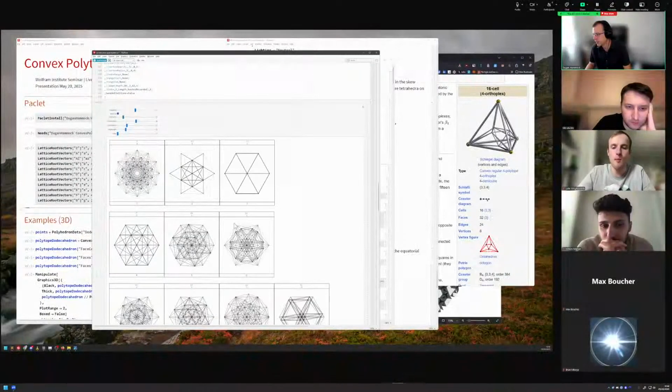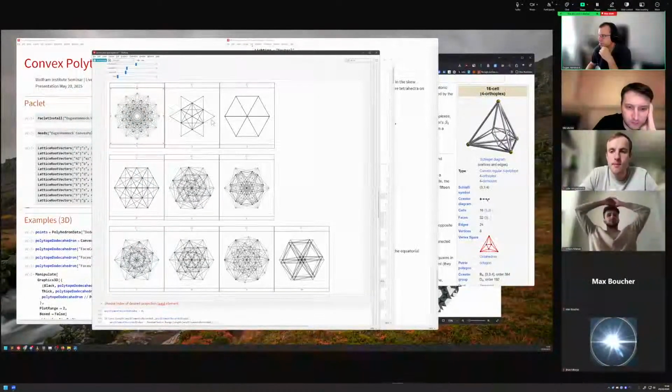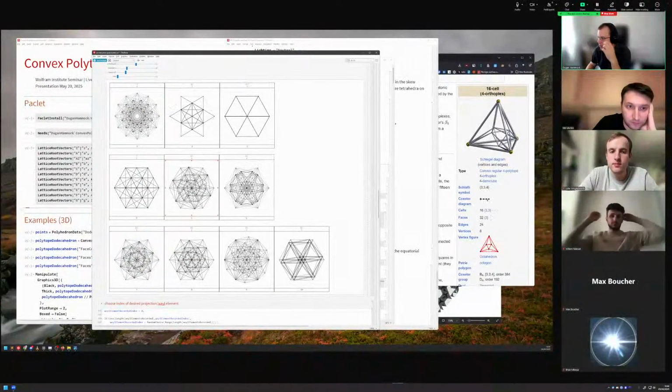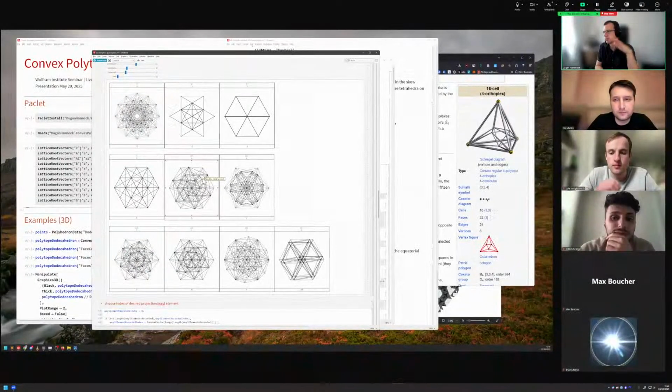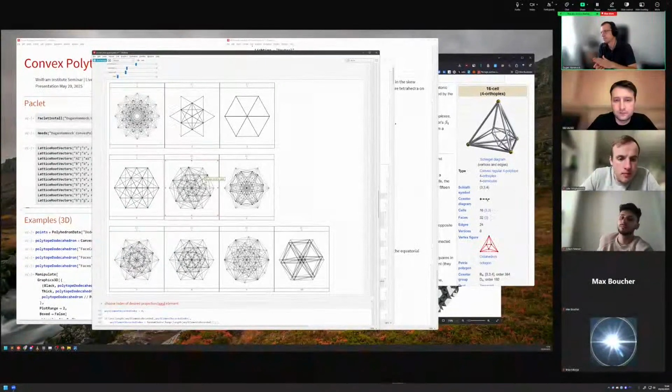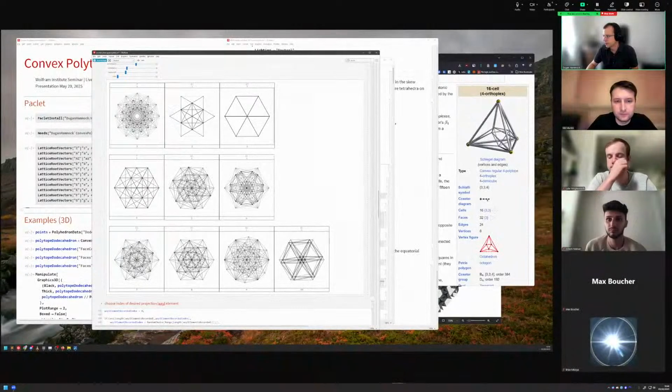Okay, so this one is working. All right. So each one of these is a different projection plane. This is projecting the same 6-dimensional polytope onto a 2-dimensional plane, exhibiting some type of rotational symmetry.